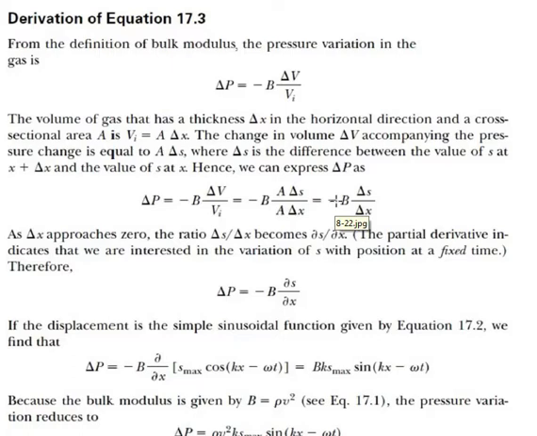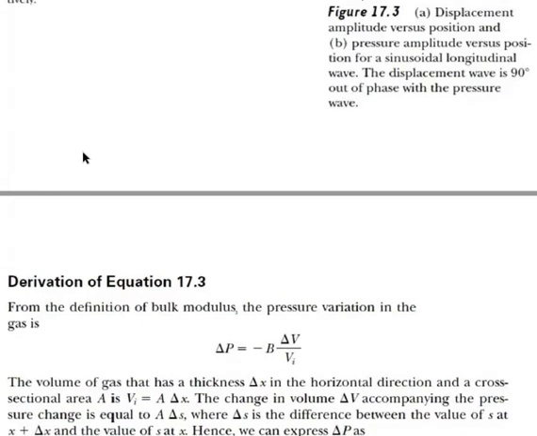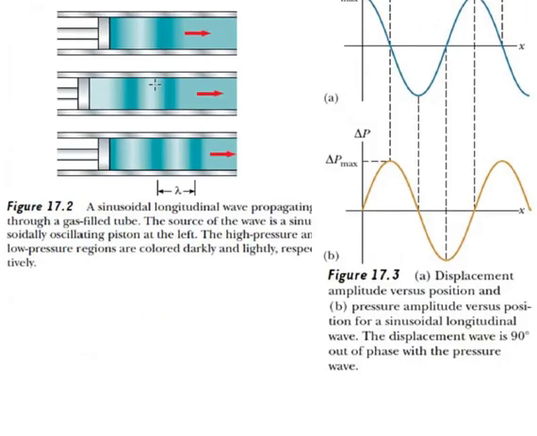As we know from the definition of the bulk modulus, the pressure variation in the gas is given by delta P is equal to minus B into delta V over V. We define the bulk modulus as minus delta P divided by delta V over V initial. So we consider a small element of the thickness delta X of the gas in this tube. Let us consider this compression only.